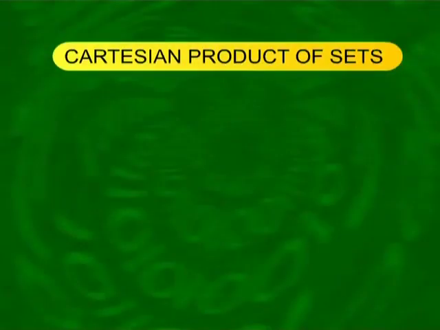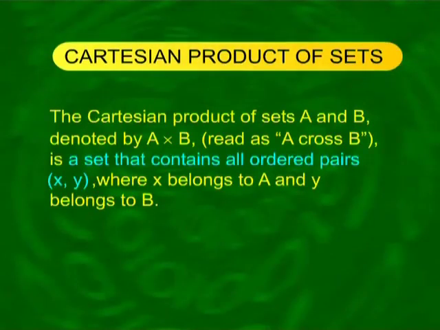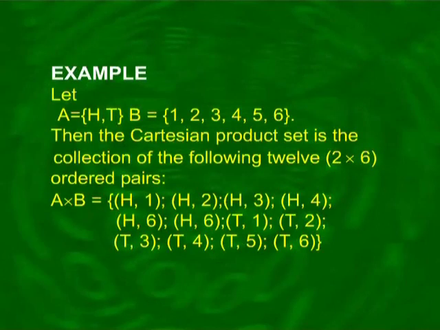As you now see on the screen, the Cartesian product of sets A and B, denoted by A cross B, is a set that contains all ordered pairs (x, y), where x belongs to A and y belongs to B. For example, if the set A consists of H, T and the set B consists of 1, 2, 3, 4, 5, and 6, then the Cartesian product A cross B is the set of the ordered pairs H1, H2, H3, H4, H5, H6, T1, T2, T3, T4, T5 and T6.